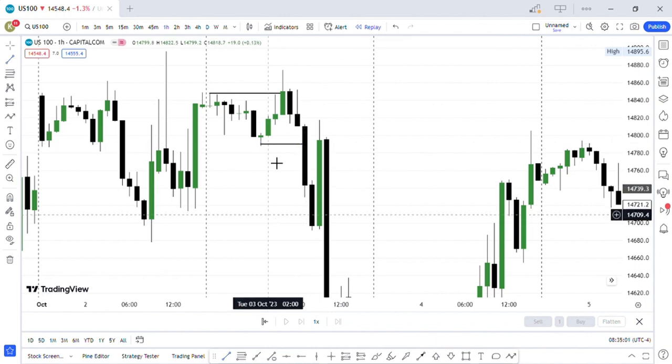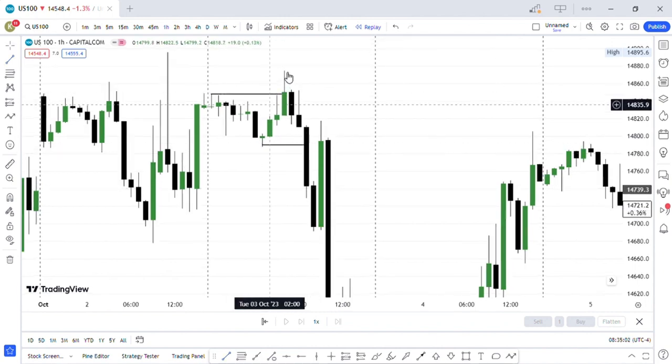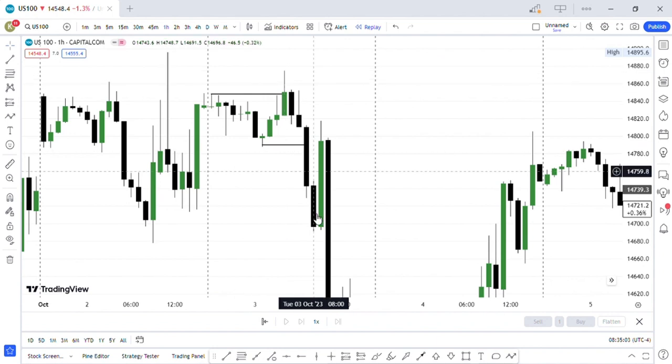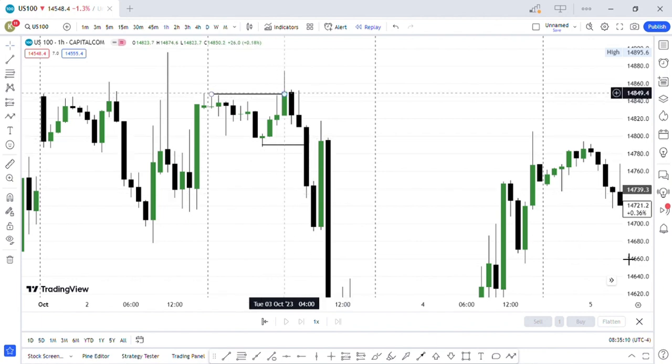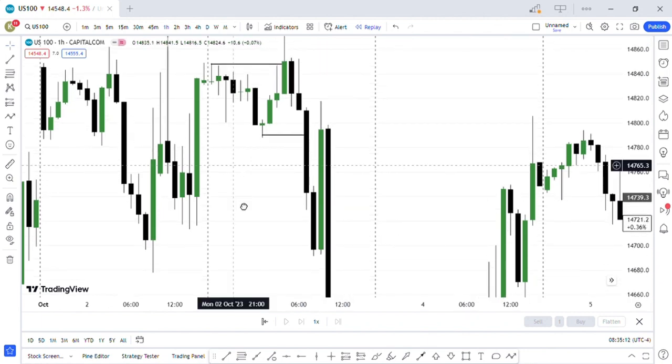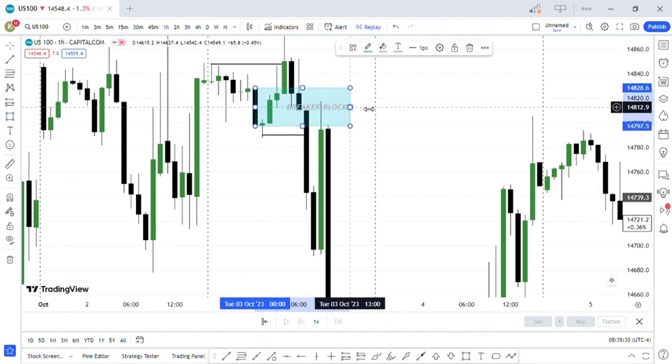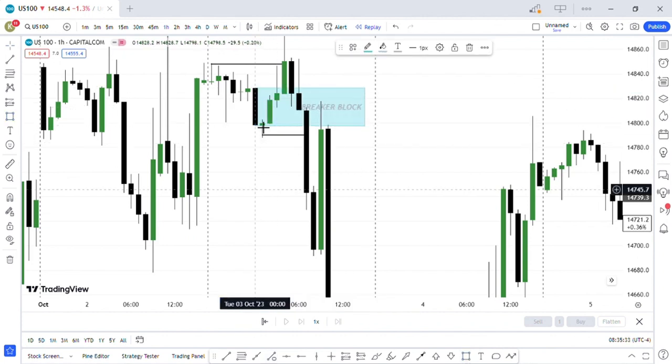So what we expect is the market made a higher high here and displaces to the downside, making a lower low here. So we expect the market to come into the leg between the high and the low, and we look for a breaker there. Where's our breaker? Our breaker is this candle. This is our breaker block.